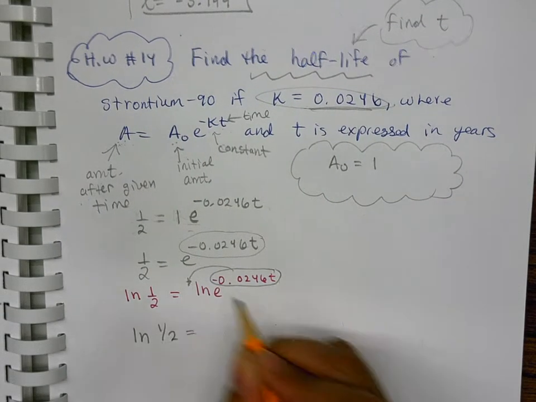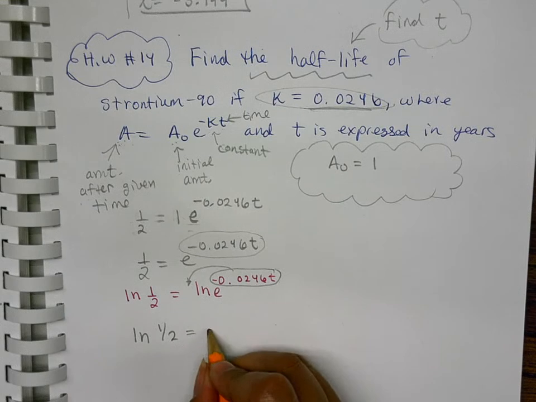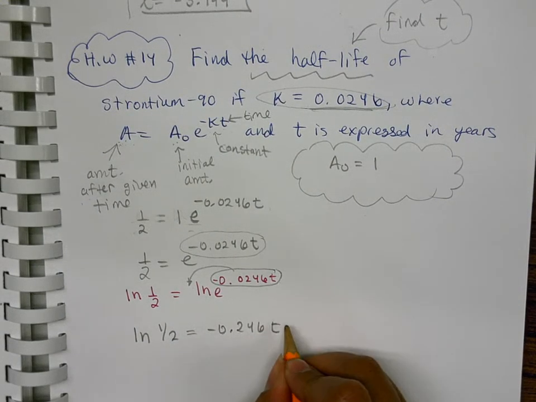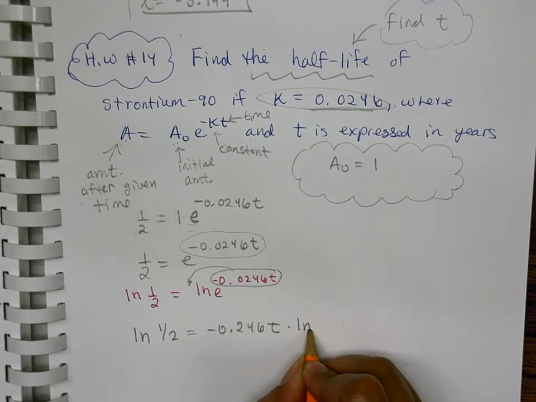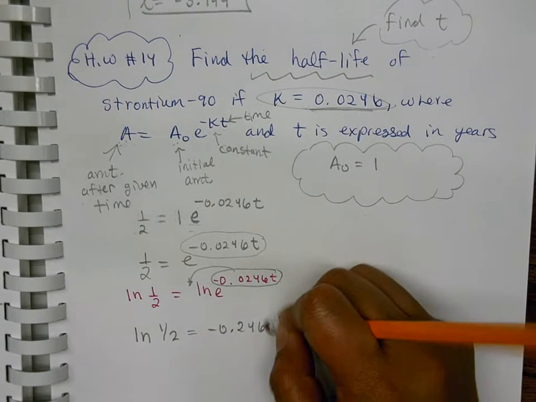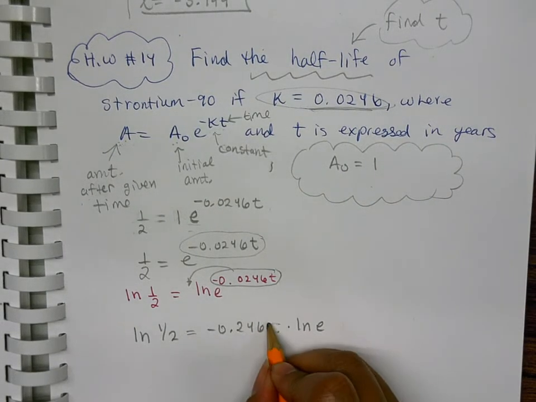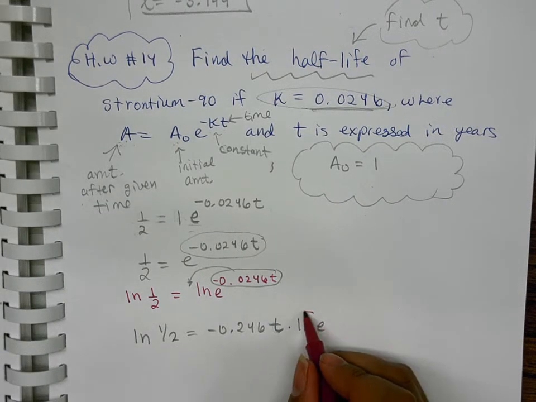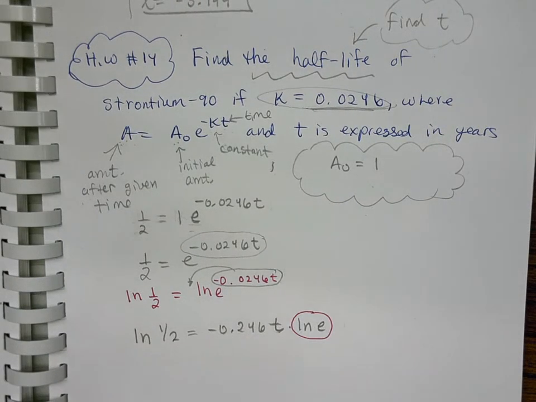The whole reason we do this is to do what with my exponent? Bring it down, negative 0.0246 t times ln of e. And we talked earlier about what ln of e is.